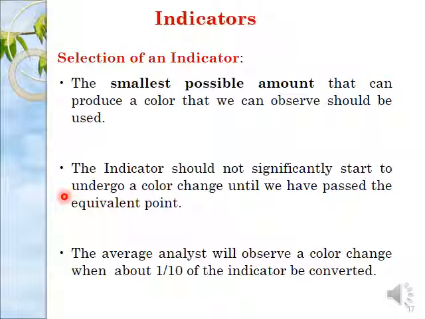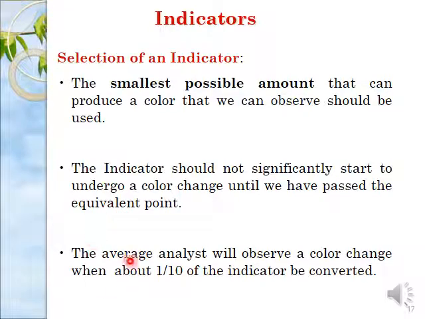So the indicator used should change in the pH region more than 7. That's why you use phenolphthalein for acid-base titration, because the color change is in the basic region, past the equivalence point.